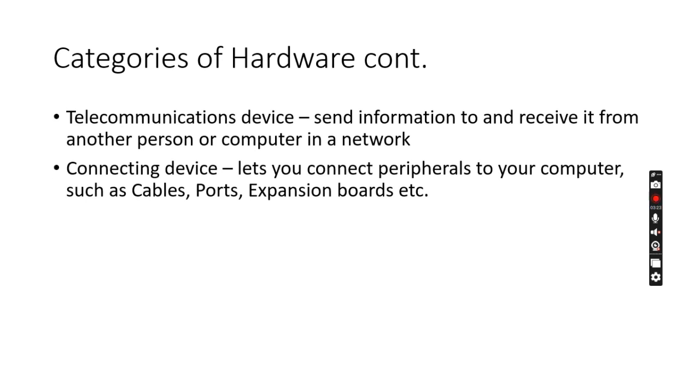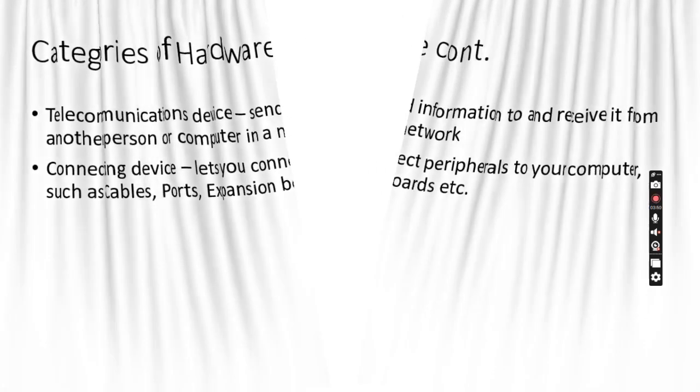These send information to and from another person or a computer in a network. And then we have connecting devices that allow you to connect your peripherals to your computer. What do I mean? Peripherals are things like your phone. When you need to connect it to a computer and you don't have a direct connection, your cable becomes a peripheral. So those are peripherals.